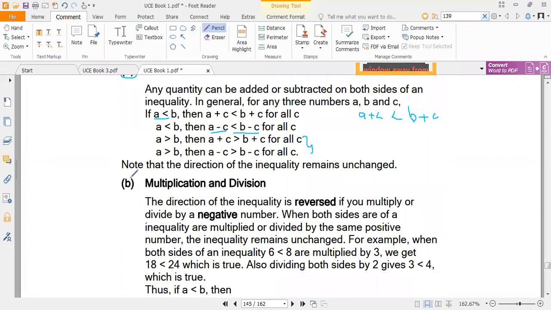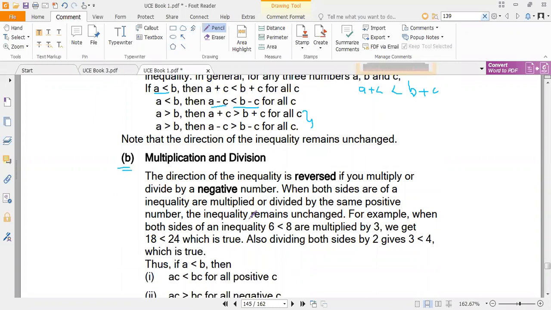Let's look at the multiplication and division of inequalities. Every time you have an inequality and you divide by a negative number, the inequality is reversed.